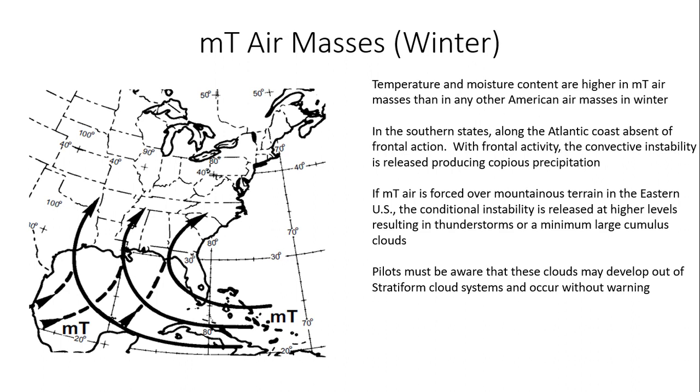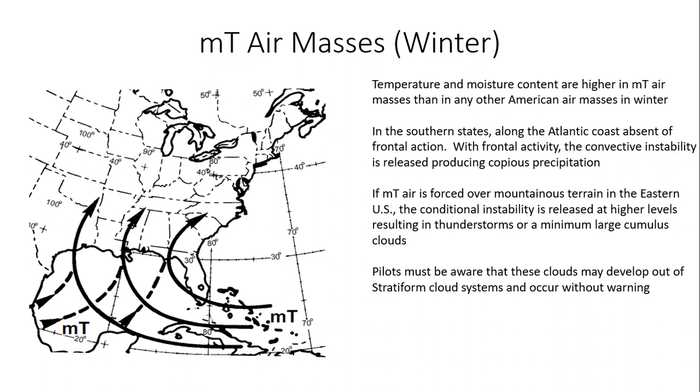Now, in the southern states, along the Atlantic coast, disregarding frontal action, this occurs quite frequently. With frontal activity, you get these lines of showers and thunderstorms that develop along the leading edge of a cold front when you have continental polar air coming in from the northwest. And that's going to result in a lot of precipitation, heavier shower activity.